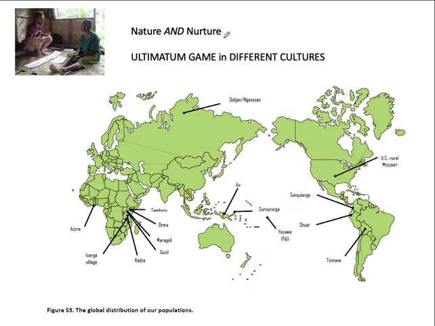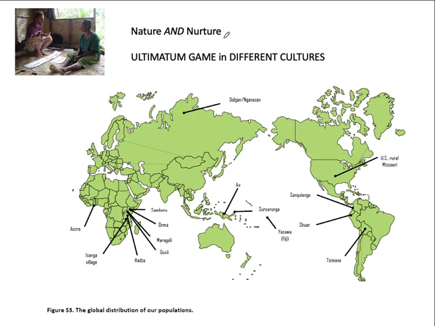The ultimatum game is an economics exercise that's been studied cross-culturally, right? It's been studied in different human populations around the world. And so the idea is that you've got one player who is the proposer, and that individual is given some amount of money. And their job is to split that money with another player, who is the responder.